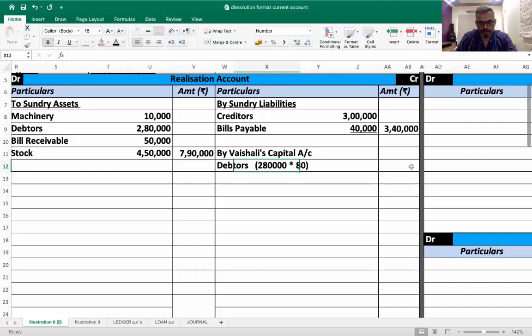So debtors, calculate how much. Or if you are not comfortable with 80%, you can also do 2,80,000 minus 20%. You can use that as well. On the calculator, you will directly get the amount. It comes to 2,24,000.